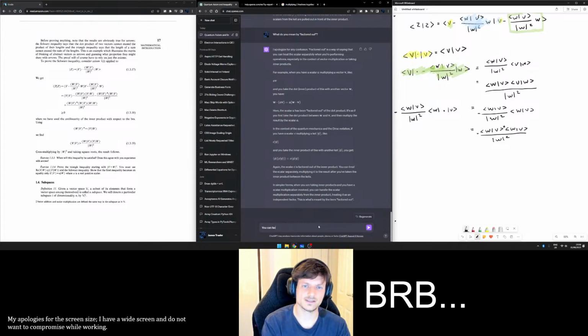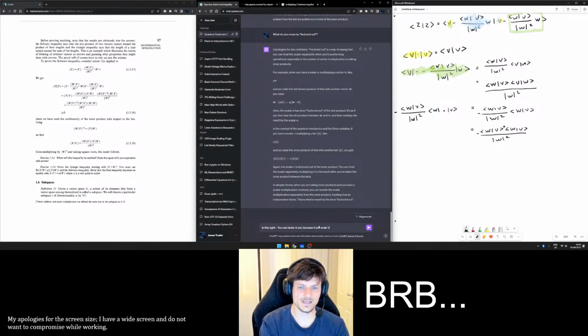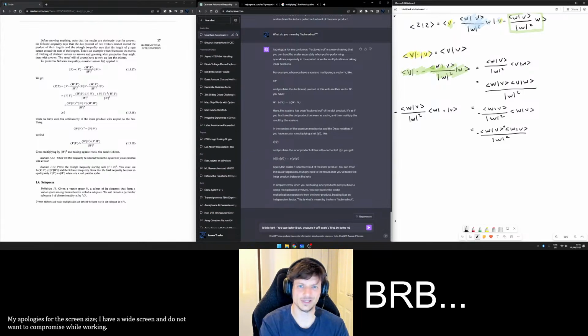You can factor it out because if you scale v first by some number, by some factor, and then take an inner product, you end up multiplying with the vector you're doing an inner product with.